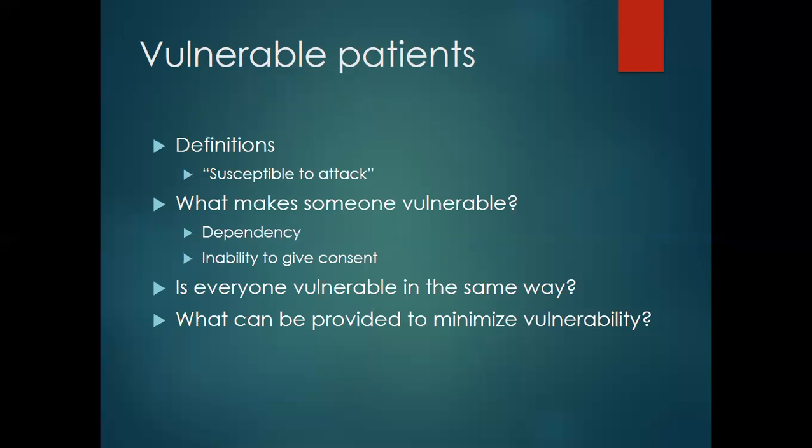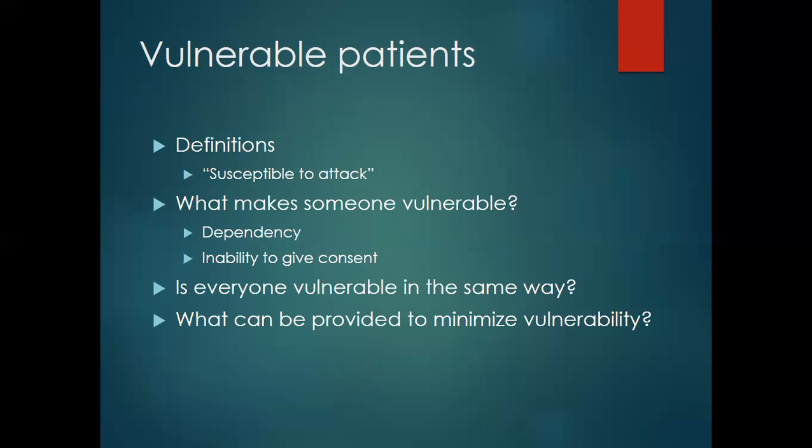So part one, we're going to talk about a variety of different areas, but let's start with some definitions. A vulnerable patient is someone who is susceptible to attack, and it has to do with the dependency of the person themselves and the inability to give consent. So a question can be raised: is everyone vulnerable in some way? The answer is yes, in some circumstances.